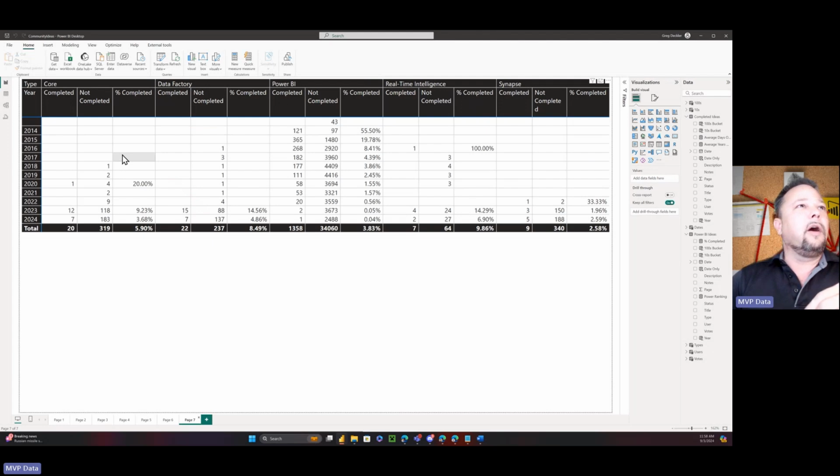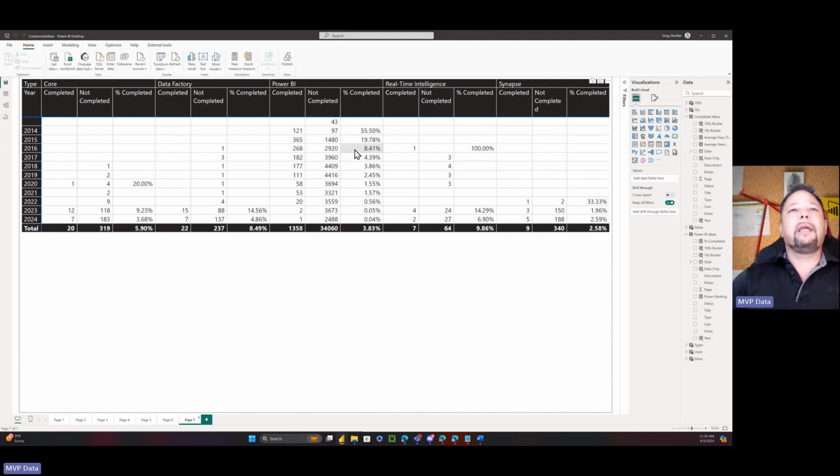I don't know. But interestingly, you can see, and this is why I think this 3.83%, your odds of getting your idea completed, is very much too high, because it's taking into account ideas that were submitted back in 2014 and 2015 and 2016, which have a much higher percent completion rate.